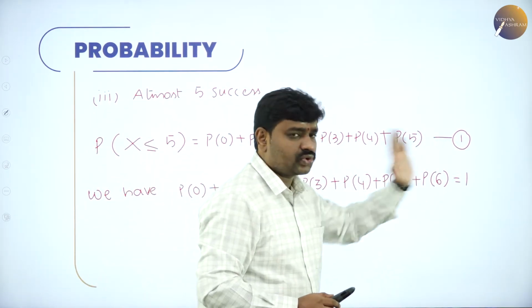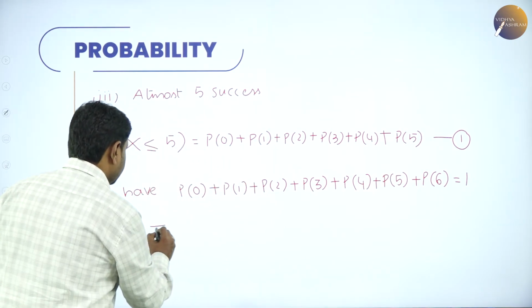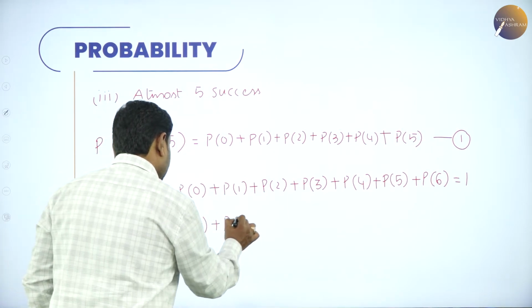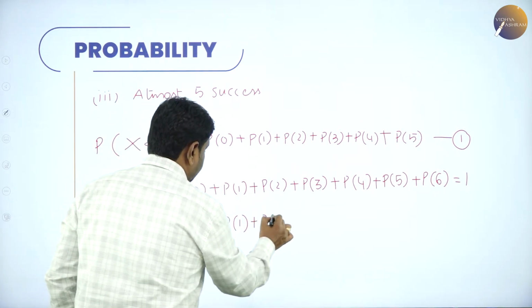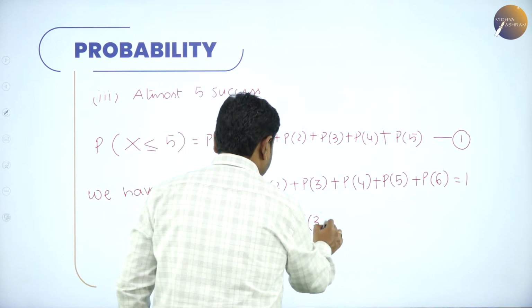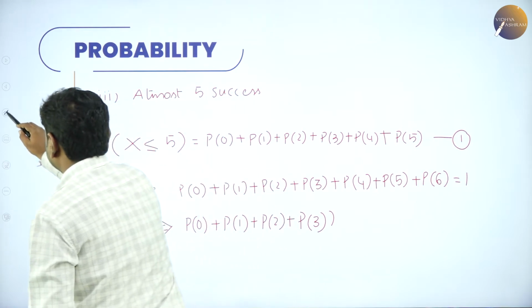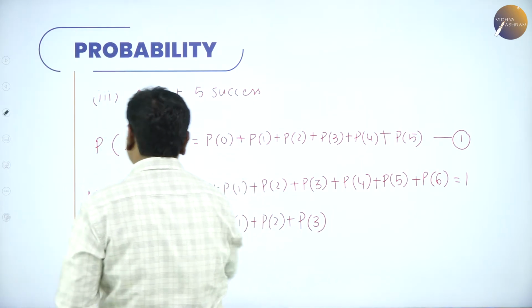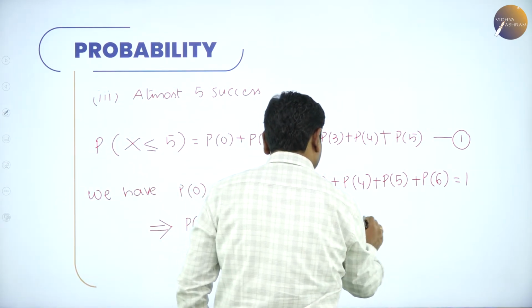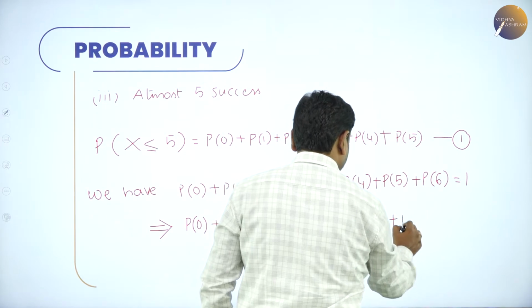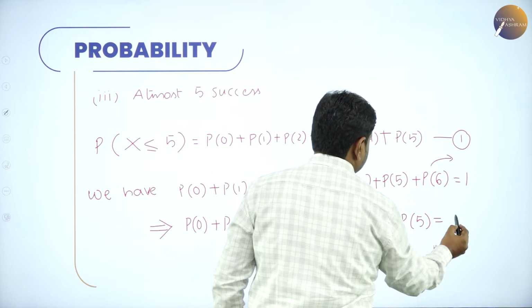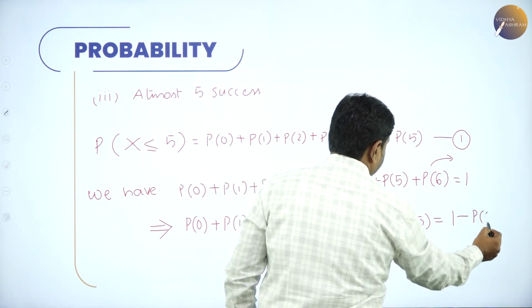Just transfer P6 to RHS. So that implies P0 plus P1 plus P2 plus P3 up to P5 is equal to, if I transfer this to RHS, 1 minus P of 6.